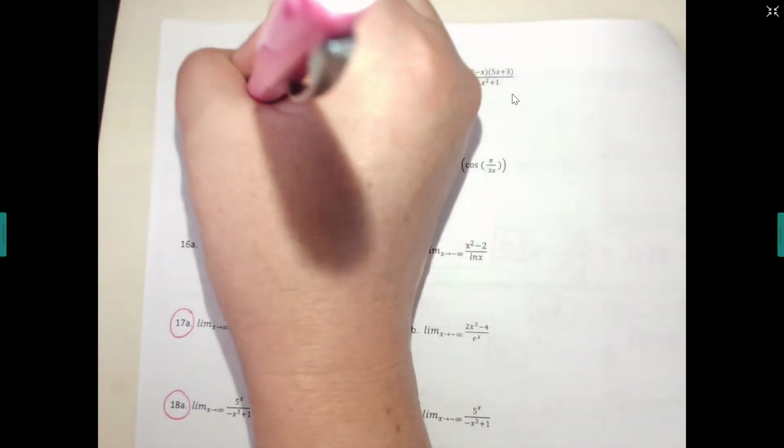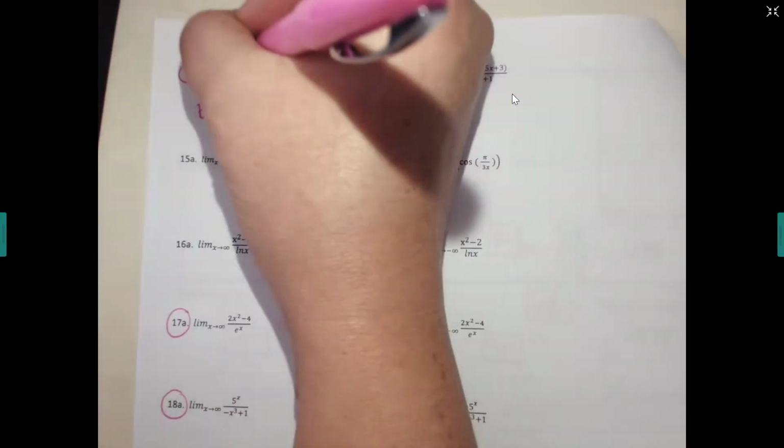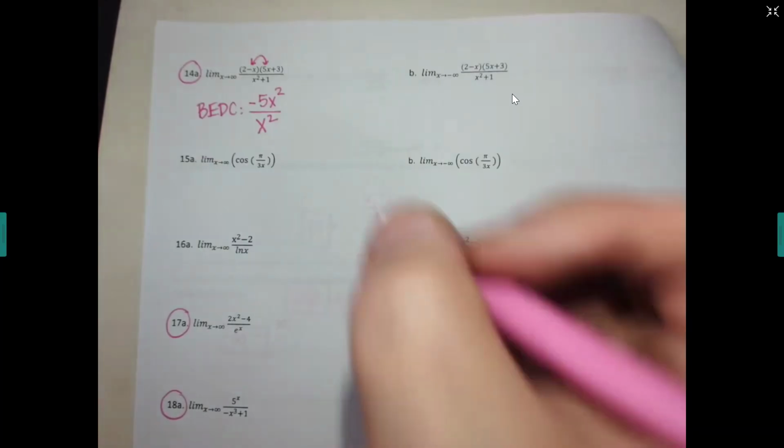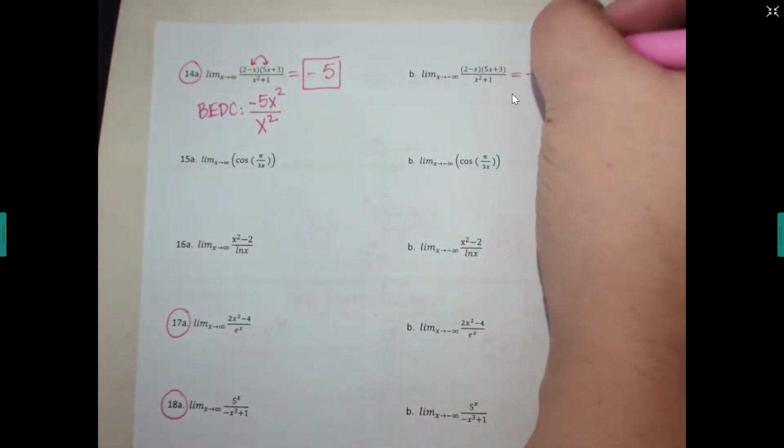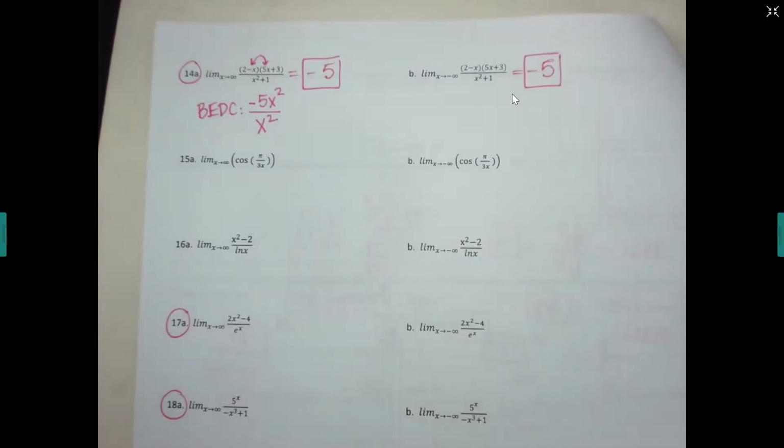Is that correct? The negative. Okay, good. On your quiz, there are a lot of people that missed. If that's a minus x times 5x, that's a minus, which means you should have gotten -5. Then again, no weirdos. They should both be -5.